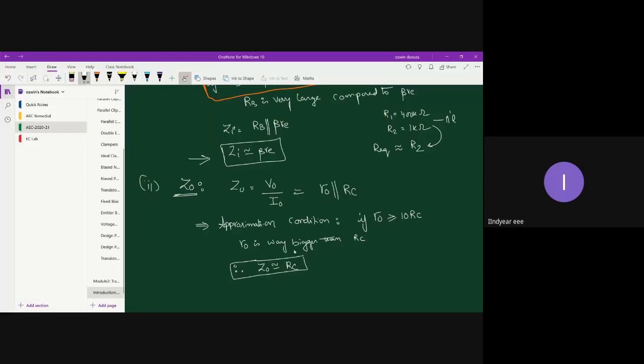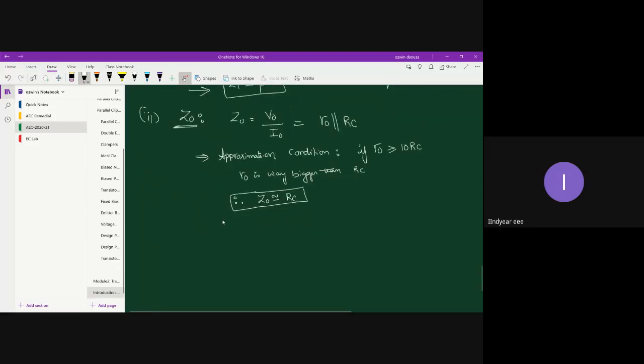Do you want me to show you with an example? In your RE model, the normal range for R0 is about 40 kilo ohm, and RC is always in the range of a few kilo ohms. So let's take a typical resistor of 2 kilo ohm and try to find Z0. Z0 is 40 kilo ohm times 2 kilo ohm divided by 42 kilo ohm.